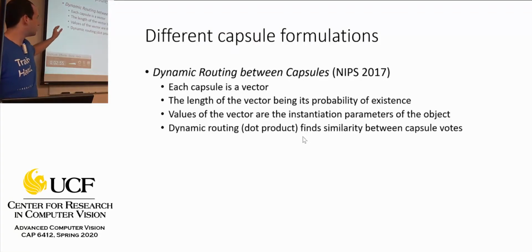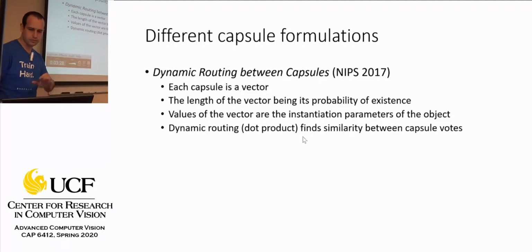These capsules pass information from one layer to another using dynamic routing, which finds the similarities between capsule votes. This is just a dot product between different capsule votes. If the dot product is high, that means these capsule votes are similar, so the parent object exists. If the dot product is very low, then they're dissimilar, so the capsule doesn't exist.